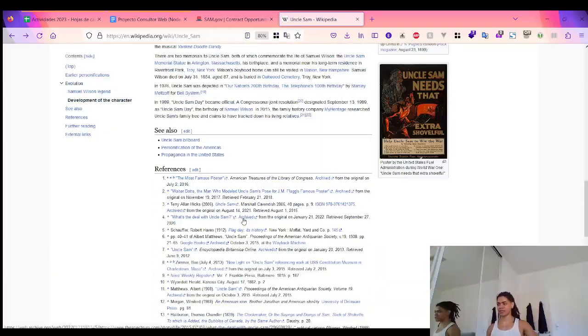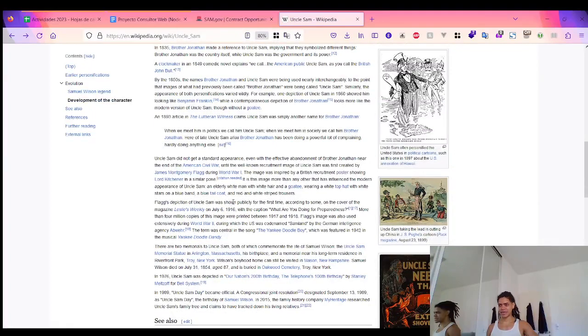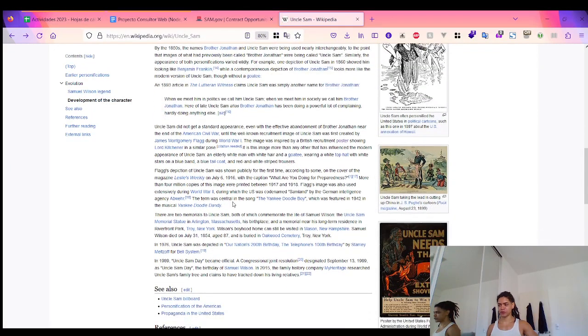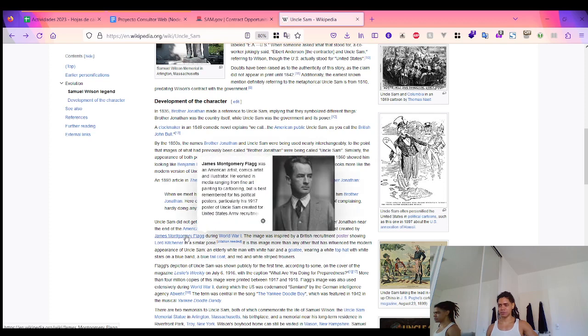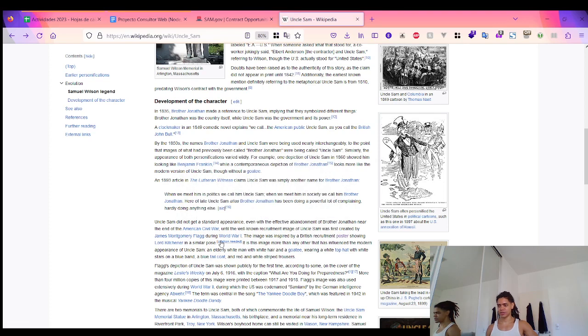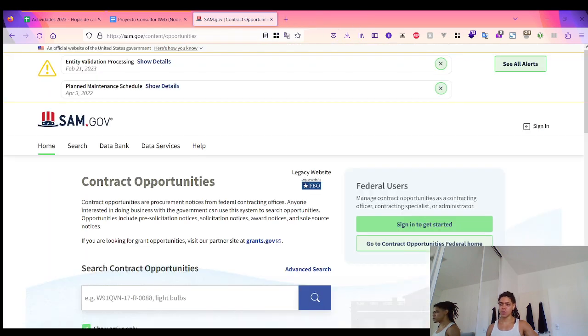There's a lot of propaganda, man. But now everybody's creating their own propaganda. That's the most fucked up thing. Anyway, so that's Uncle Sam. I just want to know who made that, based on what, and when it was created.